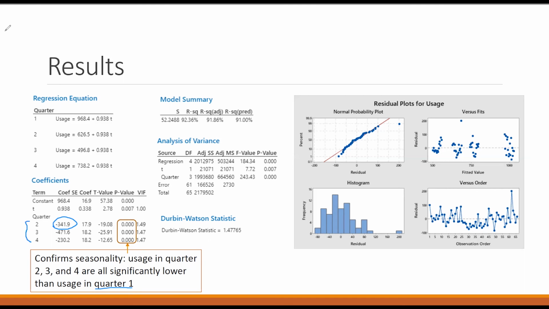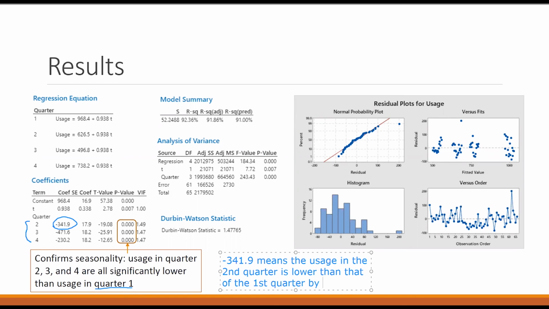Okay, so this negative 341.9 means the usage in that quarter is lower than the usage in the first quarter by 341.9. Okay, so that's how we interpret that. Same for the second coefficient, which is for quarter 3. It's negative 471.6.